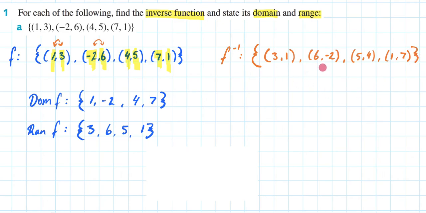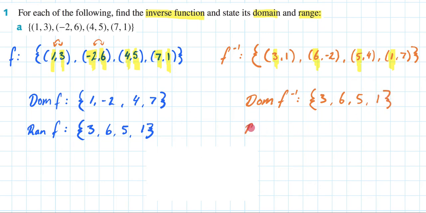So that's the first part that the question is asking us, the inverse function. And the next part is finding the domain of the inverse function. And again, to do this, we're simply going to be looking at our x values. So 3, 6, 5, and 1. So it will be, fancy brackets, 3, 6, 5, and 1.